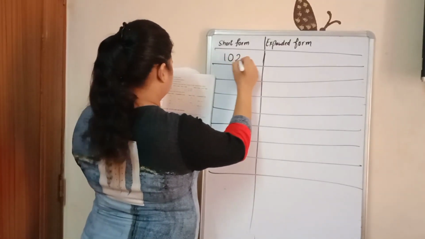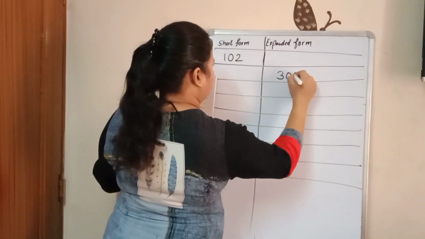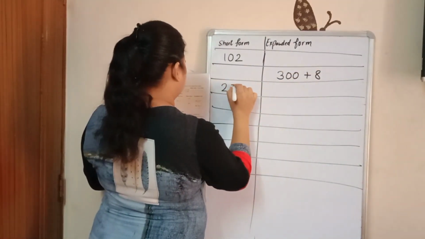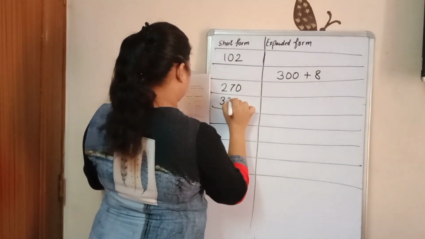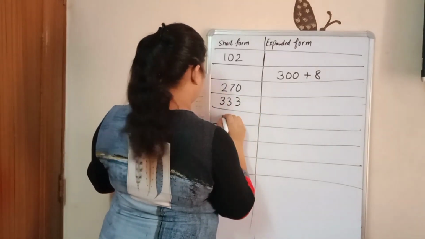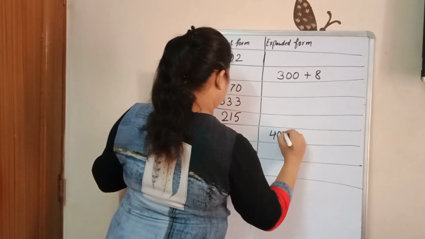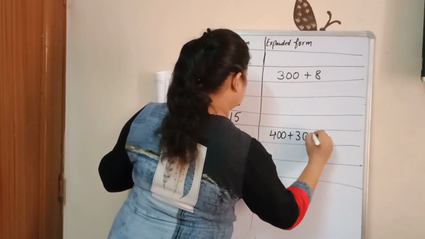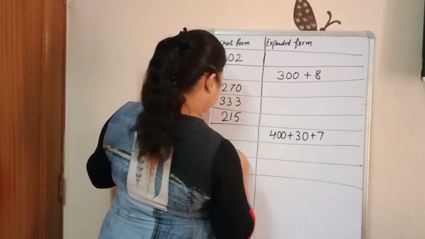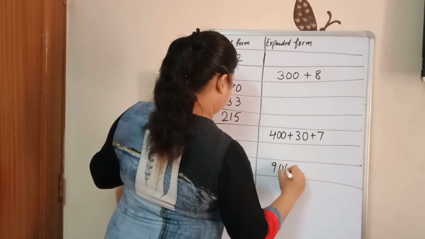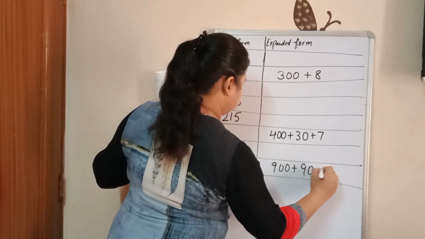102. 300 plus 8. 270. 333. 215. 400 plus 30 plus 7. 843. 900 plus 90 plus 9.